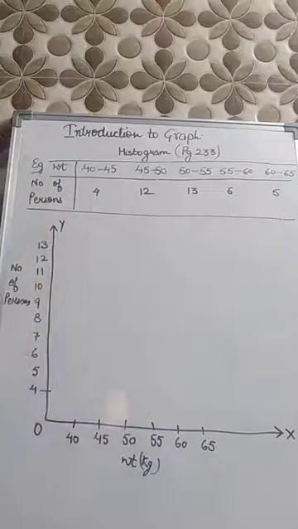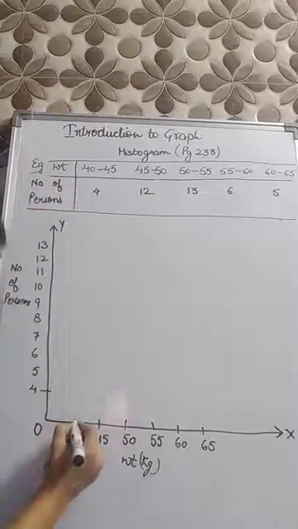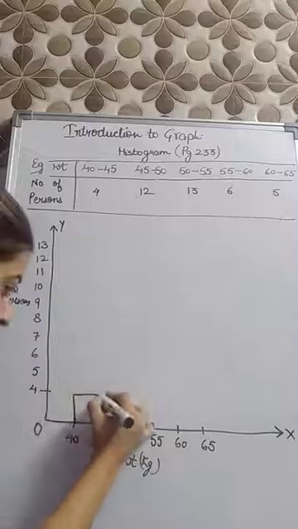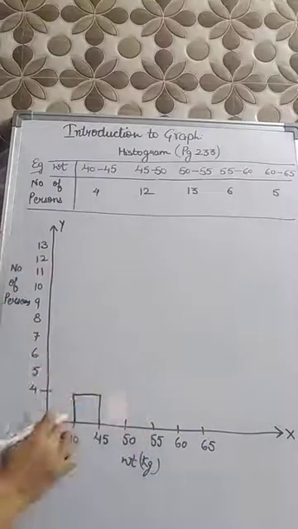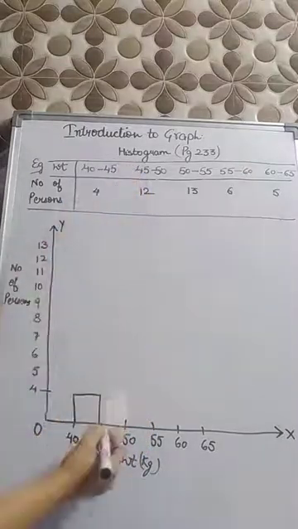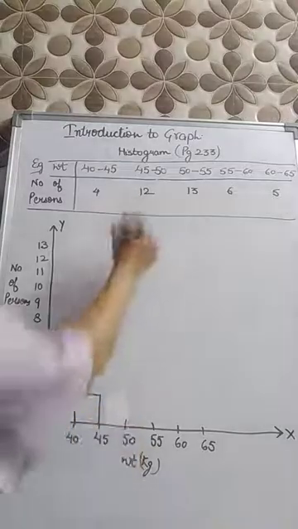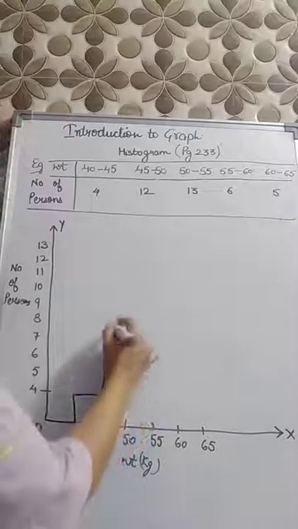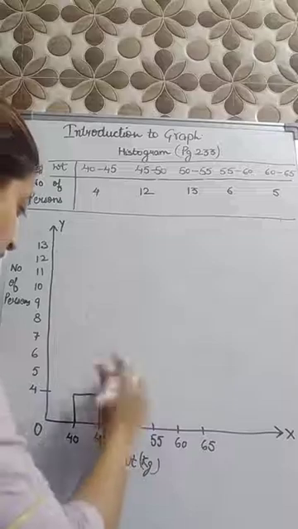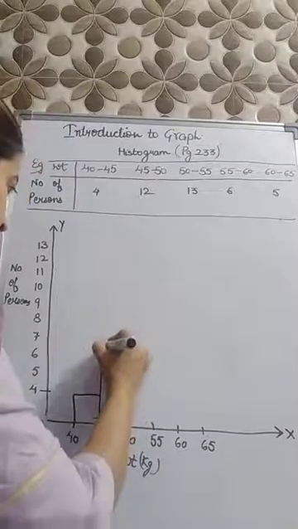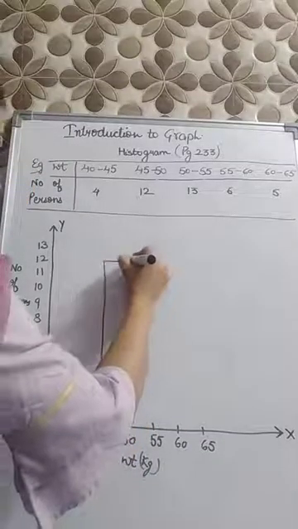Now let's start. In the first interval 40 to 45 you have the number of persons as 4. So you will draw a bar here. For the next interval 45 to 50 you have 12. So let's start with this. This is your 12.